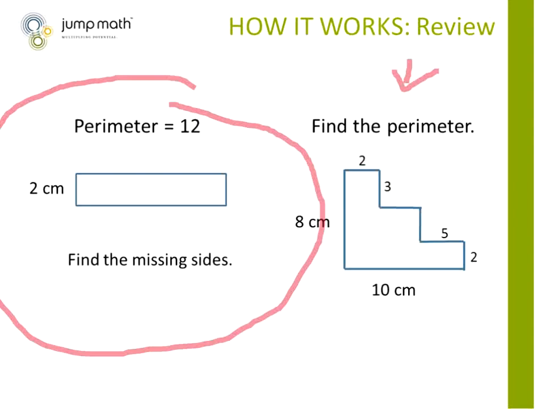Now the class that I taught was grade 6, but there were kids at about a grade 3 or 4 level, and I was very surprised when I started the class. I wanted to do a bit of a review, and so one of the first things I started with was just asking them to find the perimeter of a simple shape like that. And I was pretty surprised when a number of the students, almost 20% of the class, had trouble even finding the perimeter of the shape.